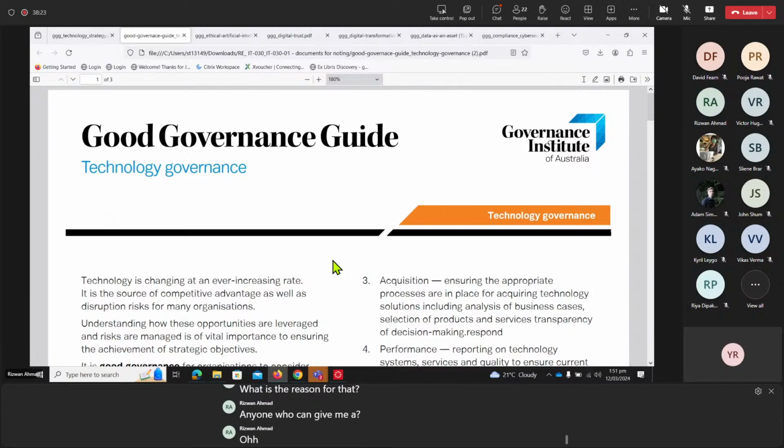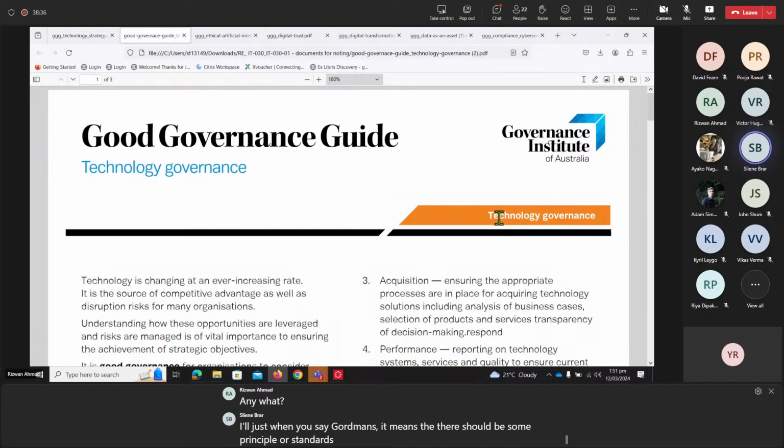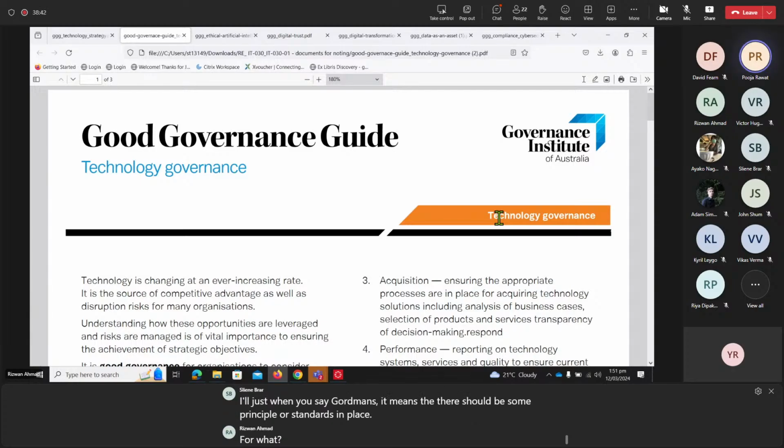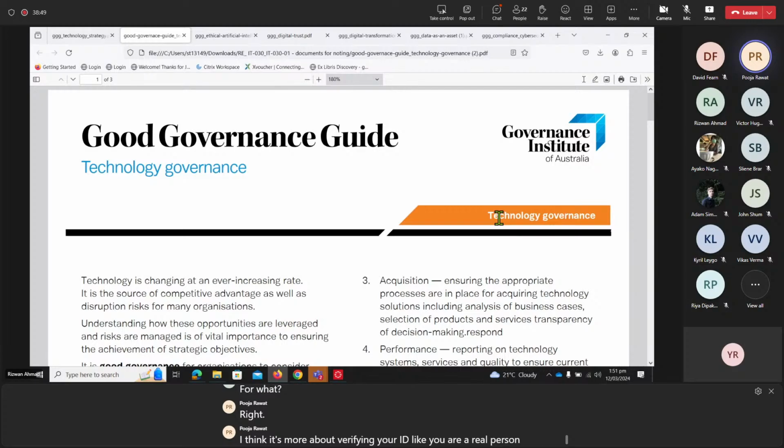When you say governance, it means there should be some principles or standards in place. For what? I think it's more about verifying your IDs, like that you are a real person behind any organization.